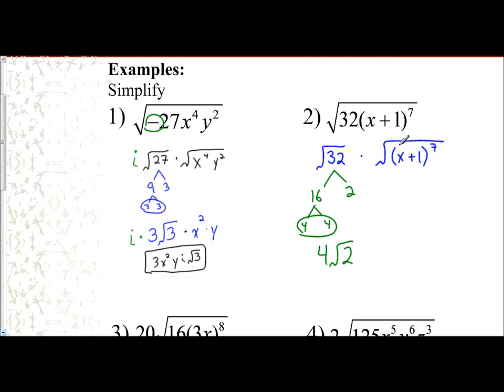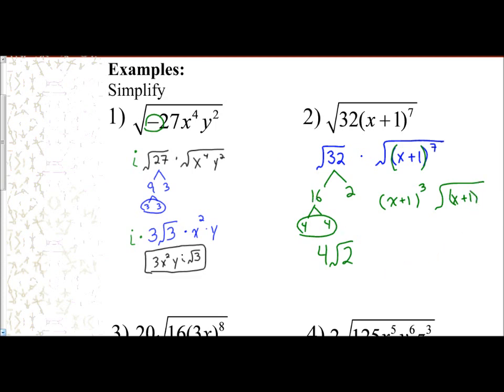I'm just trying to identify how many pairs of 2 I have when I take the square root. So 7 divided by 2 is 3. So I'm going to have 3 pairs of that parentheses on the outside, and I'm going to have 1 set of the parentheses that remains on the inside.